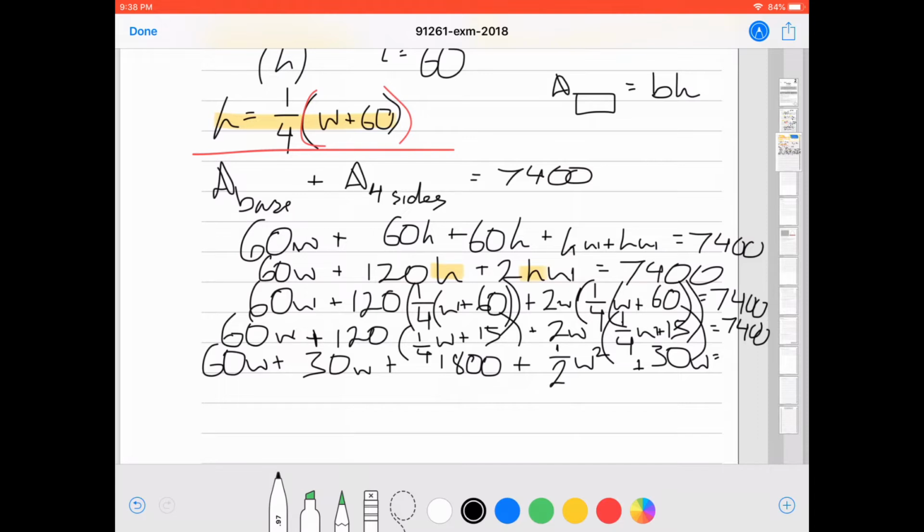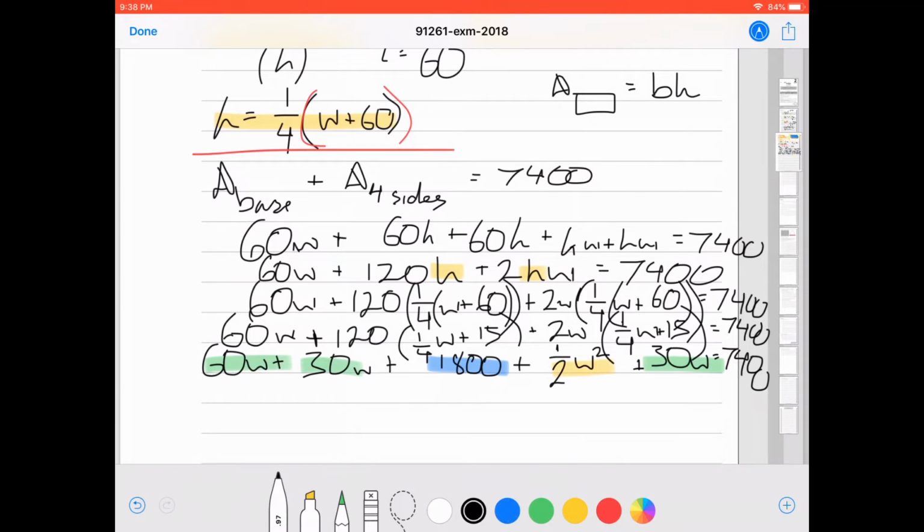Okay, at this point we can collect like terms, so we've got values of w, and the 30w here, we've got just our single integer terms, and we've also got this w squared here as well.